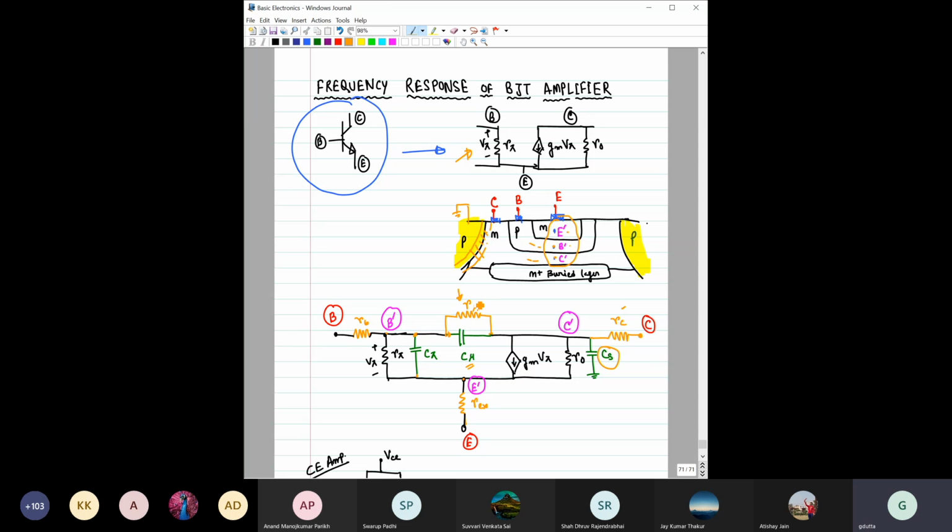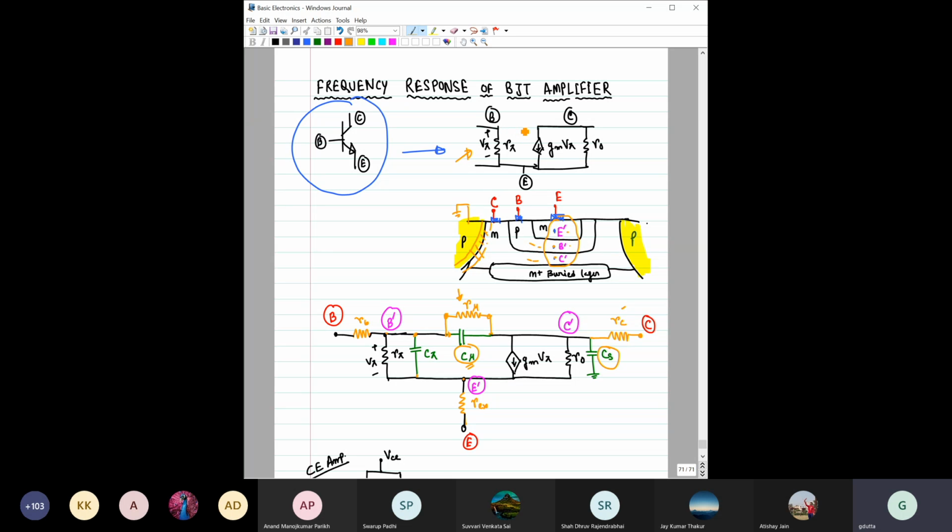So you may consider R mu as an open circuit. That is fine. If you do not consider R mu, it is basically an open circuit. However, this C mu you cannot neglect. So C mu we have to consider between this.